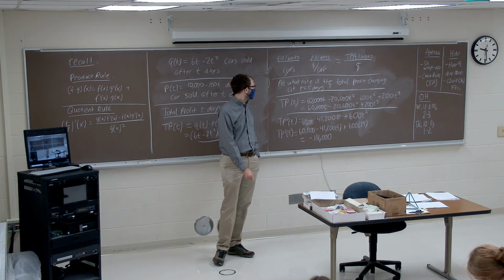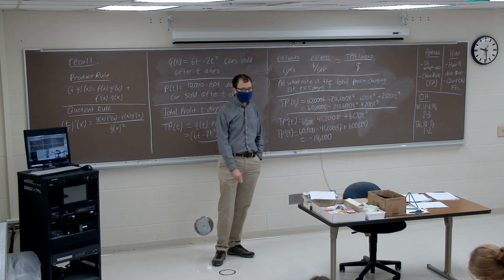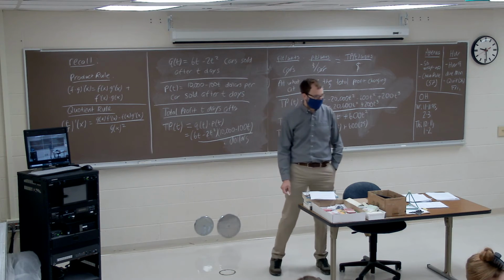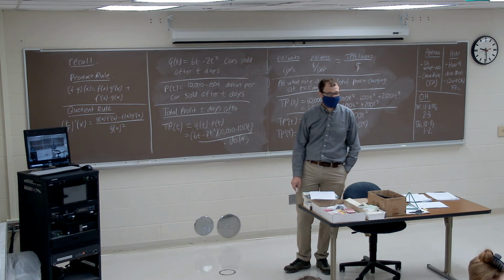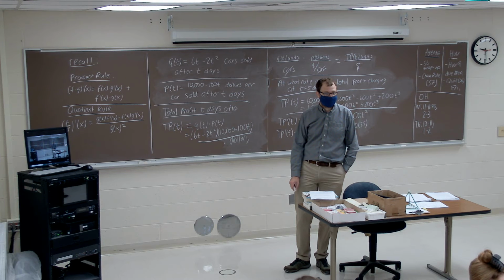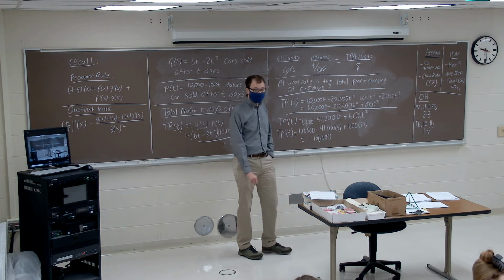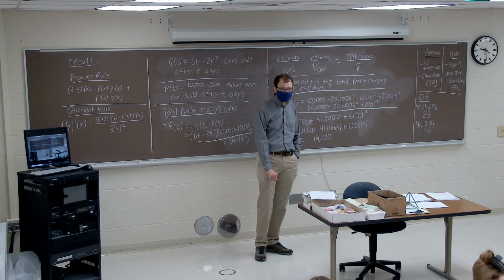And I know we could probably have a better explanation like we did for the other one, but yeah, t is in days, and we're looking for dollars. I don't know, sorry, that's a bad explanation.